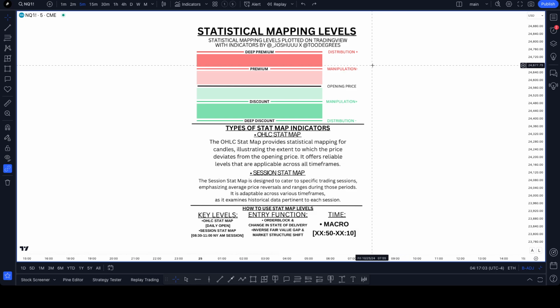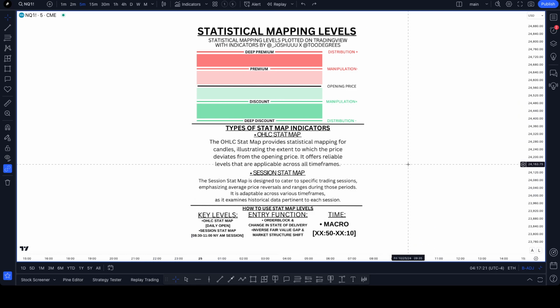For our manipulation levels, we have the manipulation minus and manipulation plus. The manipulation minus up here is going to be our premium level, while the manipulation plus is going to be our discount. So let's go over the types of stat map indicators.